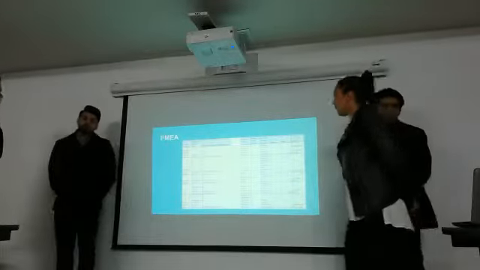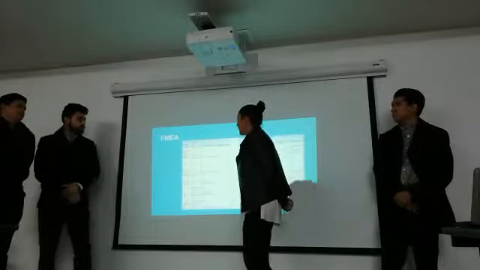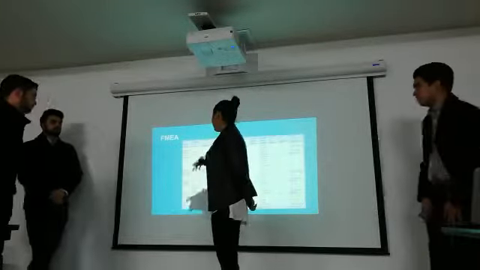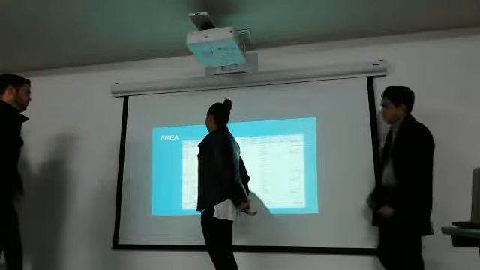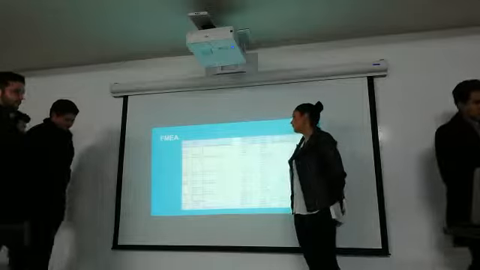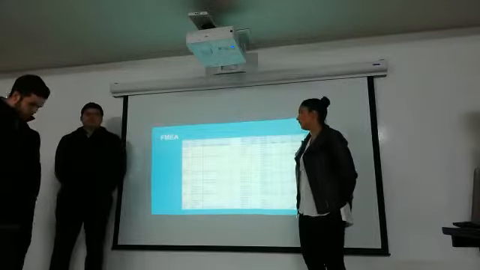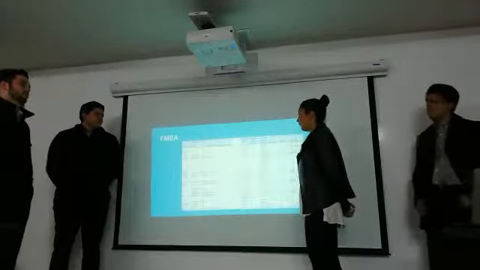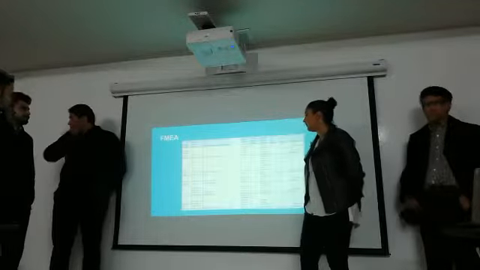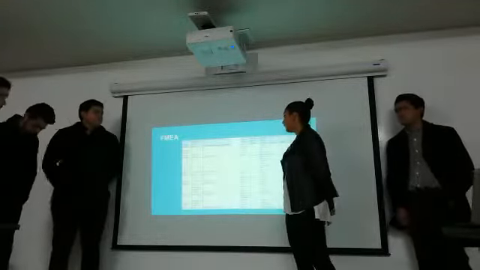So the FMEA was about the process functions, and we mentioned several process functions and their potential failures. Selection of material to build the catapult: we could make a poor quality catapult. Process of making the catapult: it is incorrectly built. Setup for the catapult: poor quality setup.